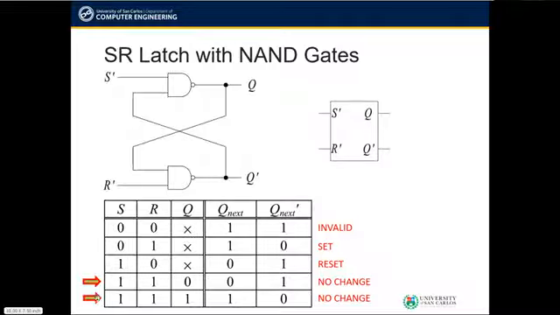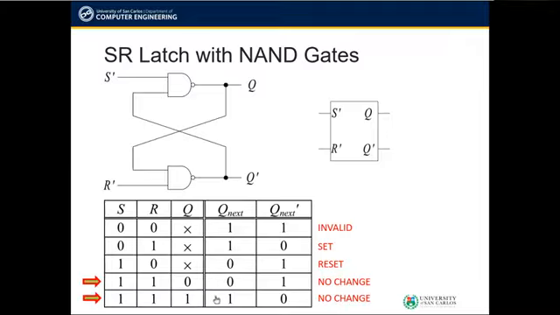Here we shall consider these two input-output combinations together since they behave in the same manner. Here we can see that when the present SR inputs are 1, 1, the next value of Q will not change based on its present value as seen here. 0 will remain 0, and 1 will remain 1.